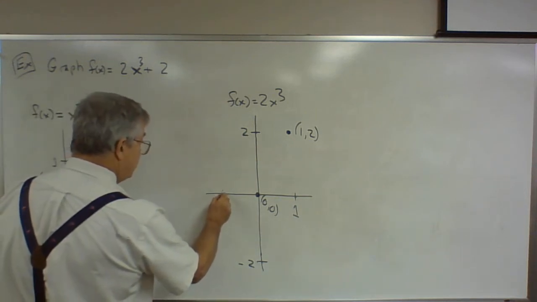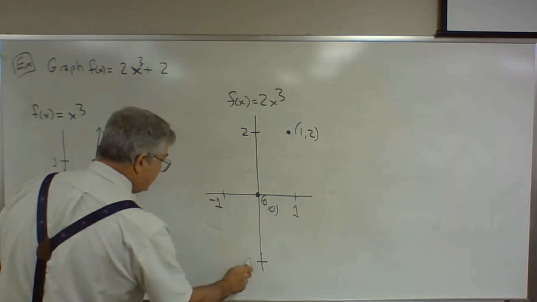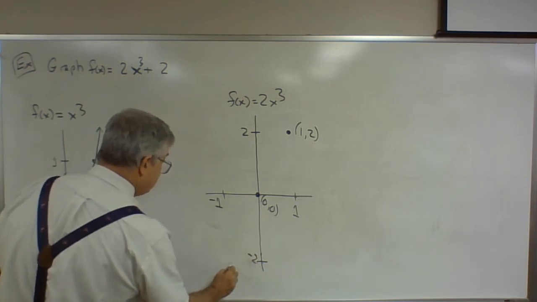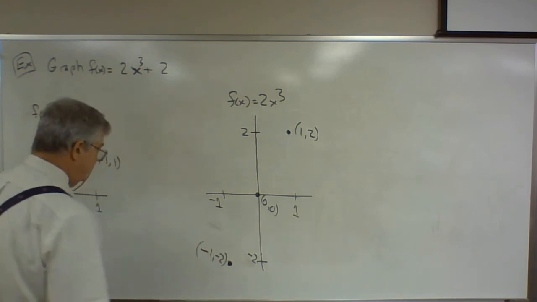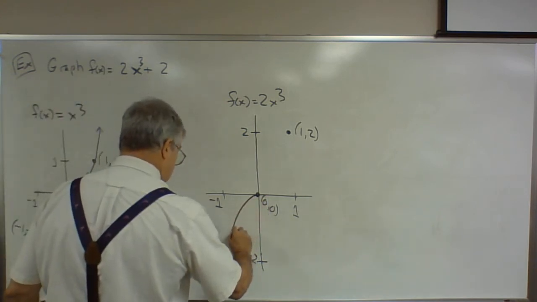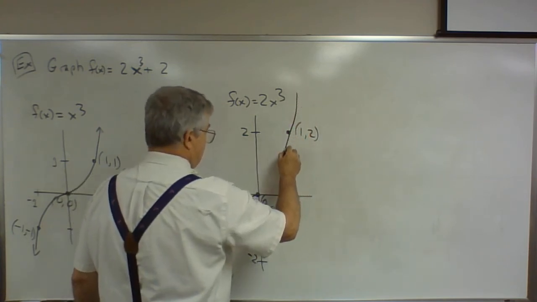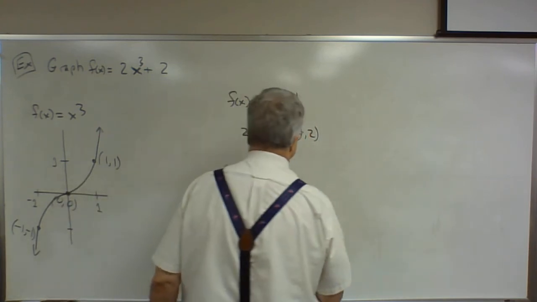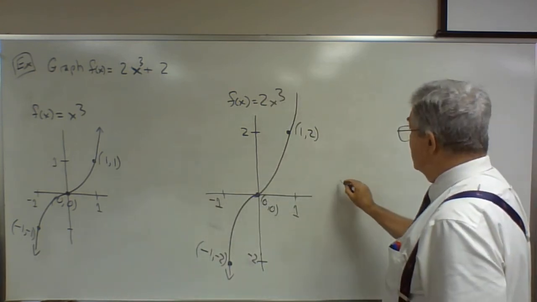So the y-coordinate of the corresponding point on this graph is going to be -1 times 2, that is -2. We just multiply this y-coordinate by 2. Beautiful.